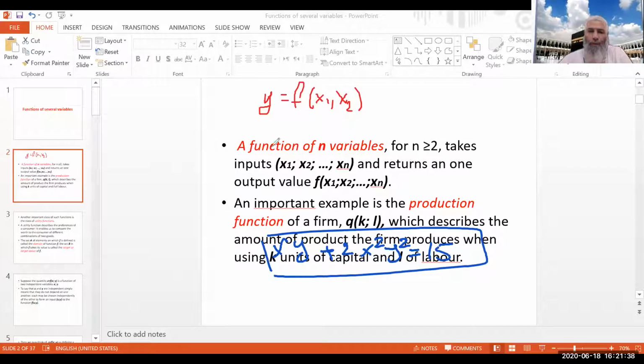A function of n variables, for n greater than or equal to 2, takes inputs x1 and x2 and so on till xn and returns one output value f of x1, x2 till xn.